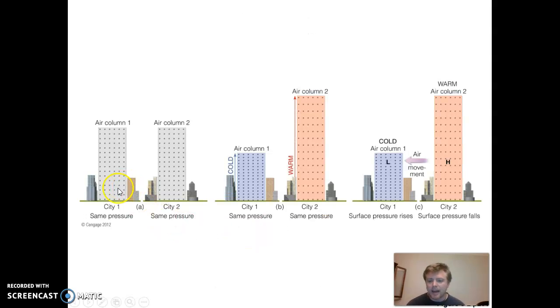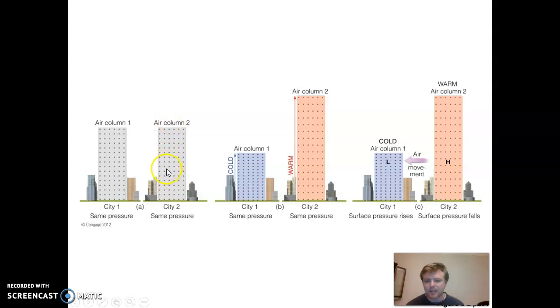So now we have to incorporate what we already know about temperature with what we think of as pressure. We know that warm air is less dense, cold air is more dense. And so we can think of some cities that are separated by some horizontal distance.